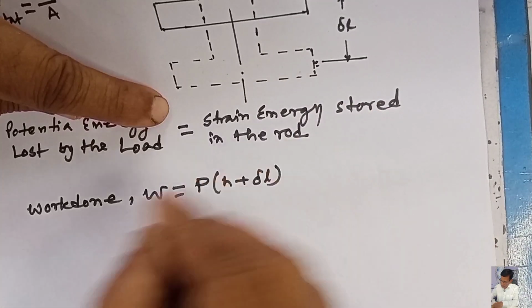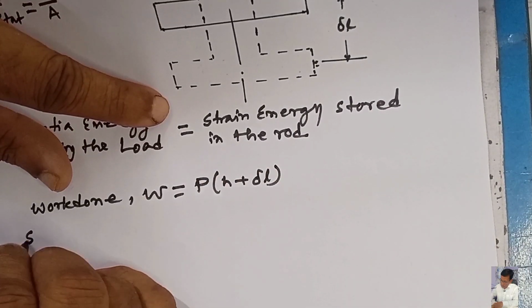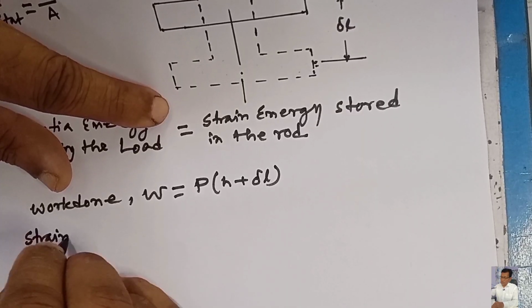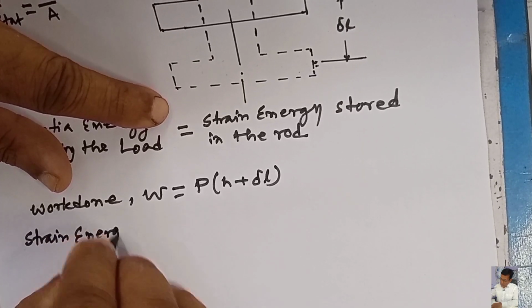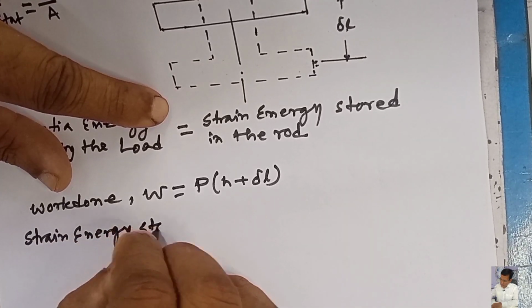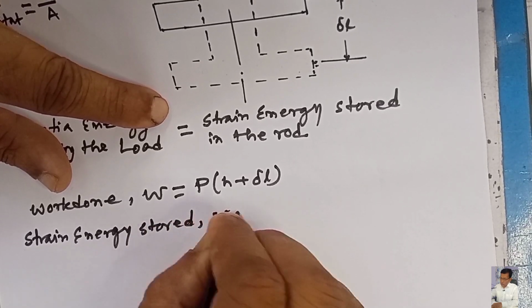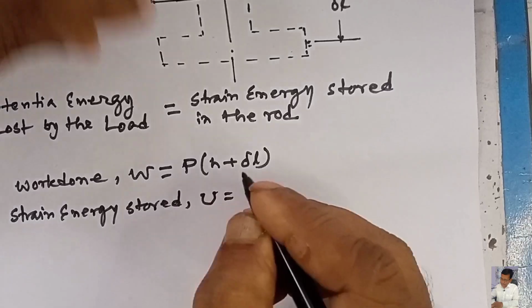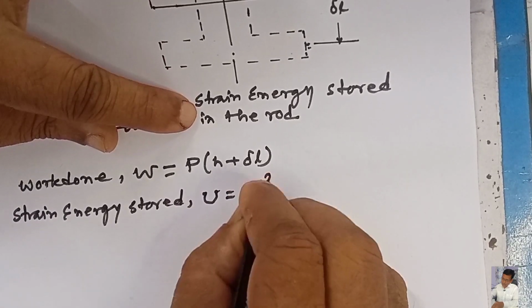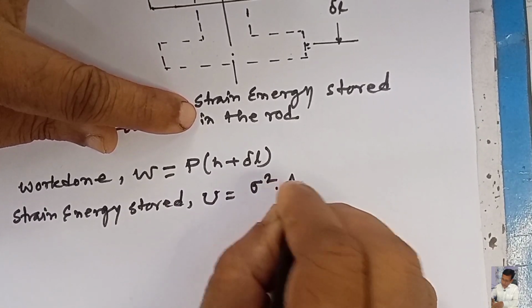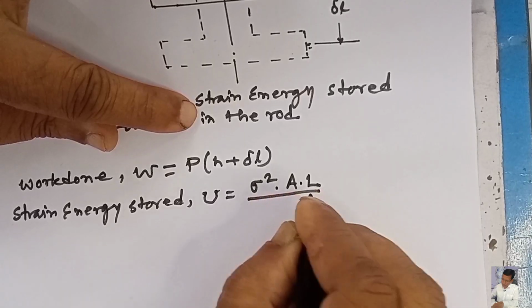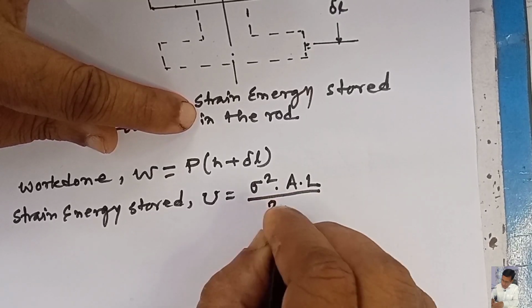And strain energy stored in the rod, U is equal to sigma square into A into L divided by 2E.